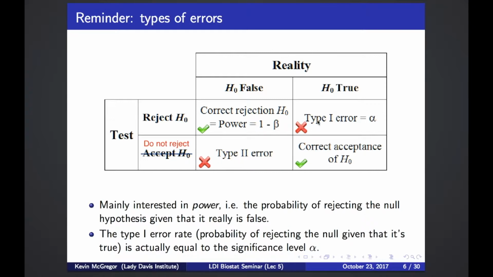We don't want that to happen. So it's a balance between getting a high power, but also not having too many type 1 errors. And our rate of type 1 error is called alpha. This alpha, the type 1 error rate, actually turns out to be equal to whatever significance level alpha we choose to do our statistical test at.